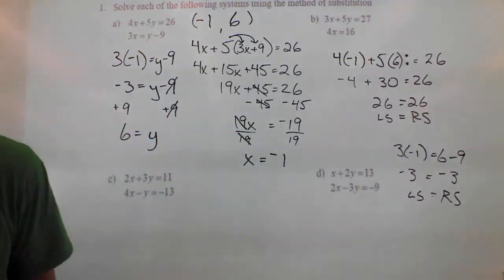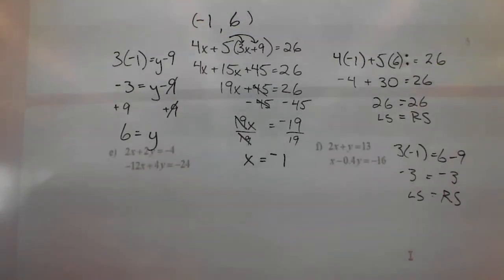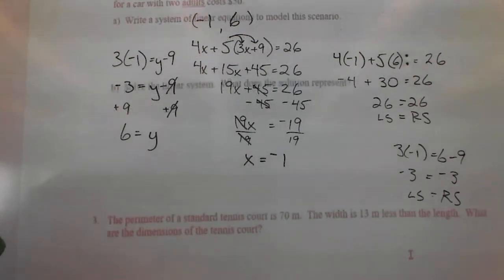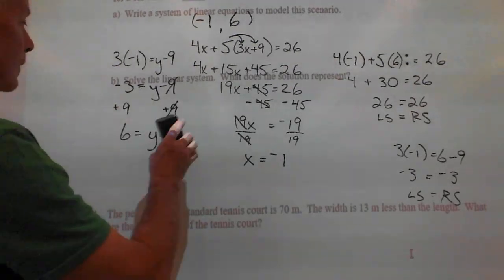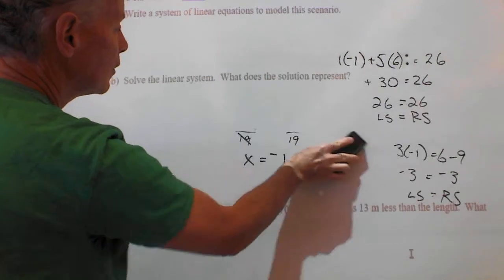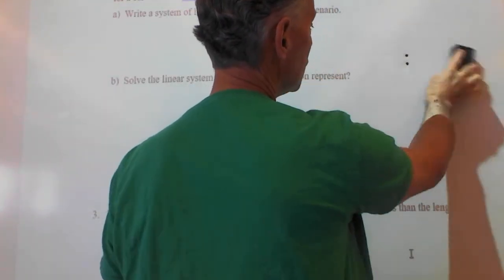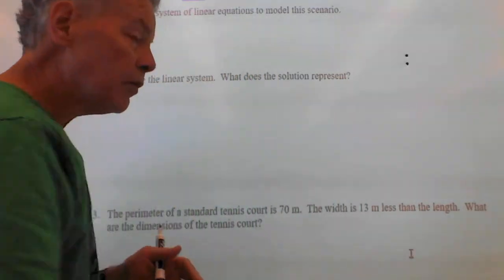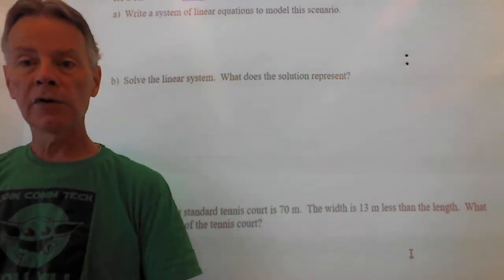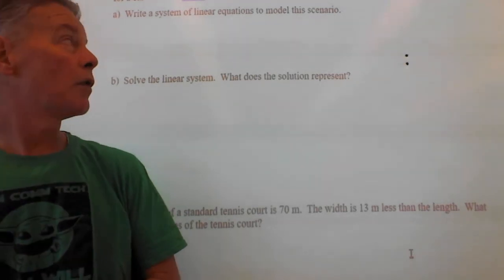Okay? Let's move on, and we're going to take a look at solving some word problems. Now, solving word problems, if you follow the steps, if you kind of get into a routine where you always go through the same steps, it's very difficult to get these things wrong.